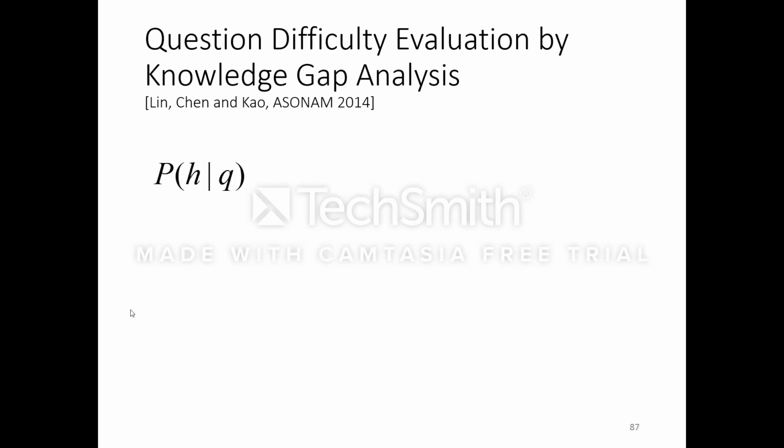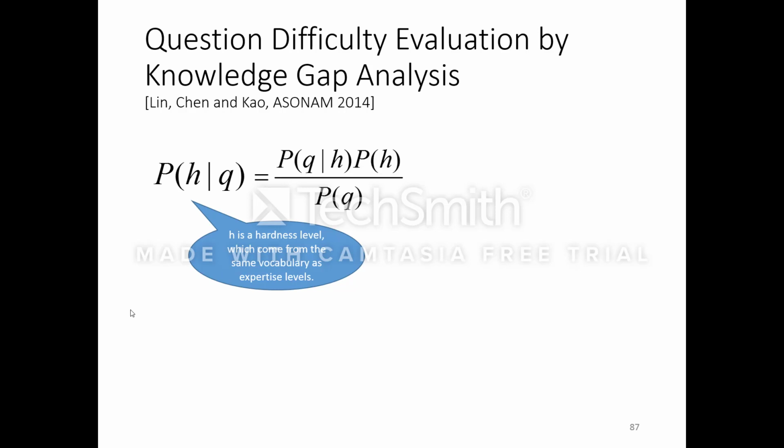Okay, so moving on, let's look at how they build this model. The task is about quantifying the hardness given a question. H is a hardness level which comes from the same vocabulary as expertise levels, so expertise and hardness are used interchangeably here. If you write it out using the Bayes rule, you get the probability of question given hardness times the probability of hardness, divided by the probability of question.